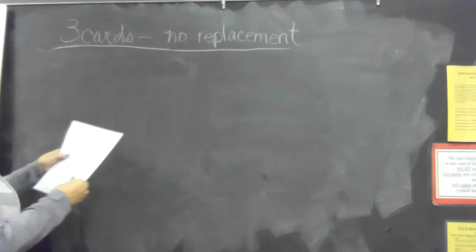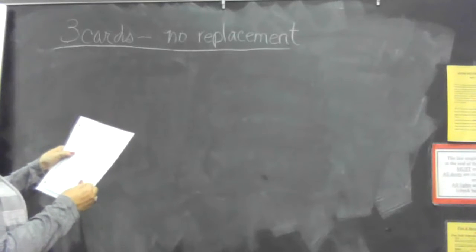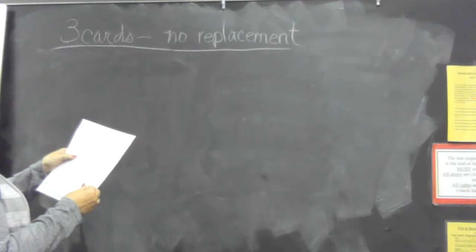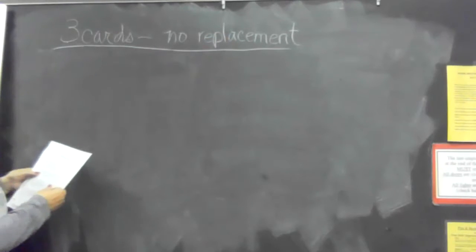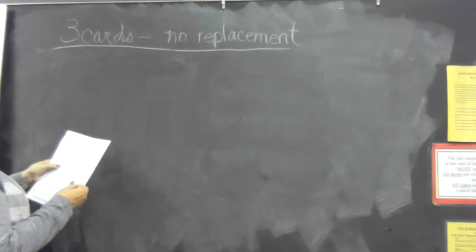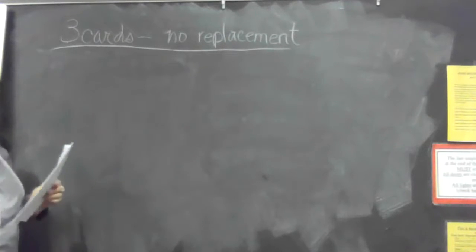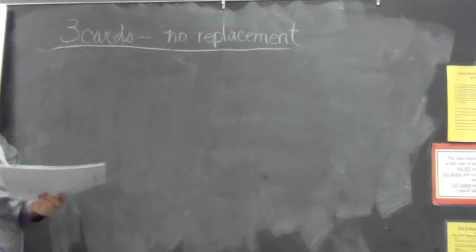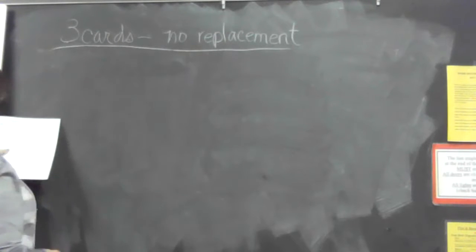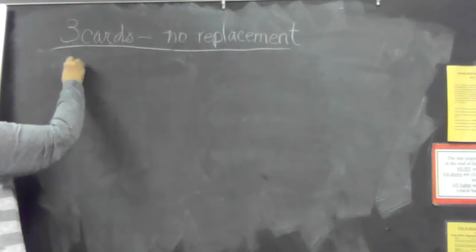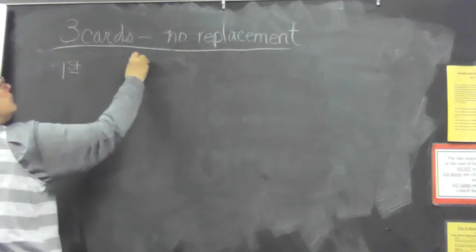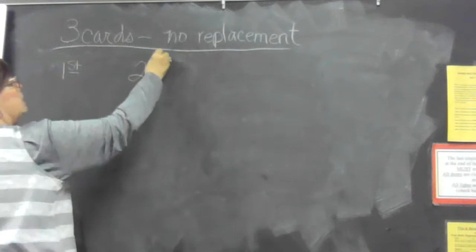Okay, I'm going to read the whole thing. If the conditions are the same as in question 1, find the probability of selecting an odd number on the third, okay? On the third one. So here's the first time I draw. Here's the second time I draw.